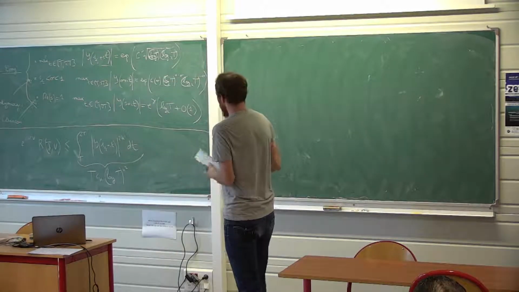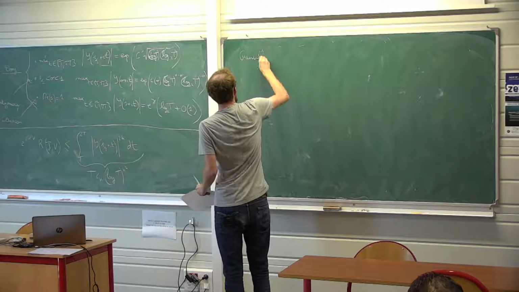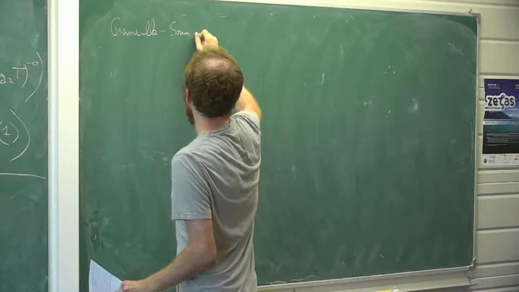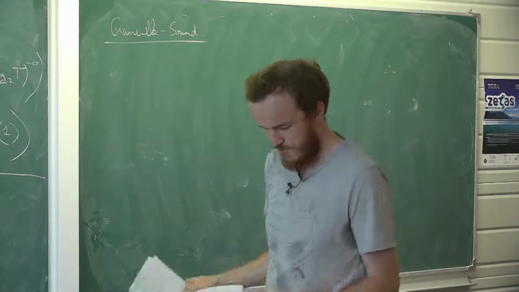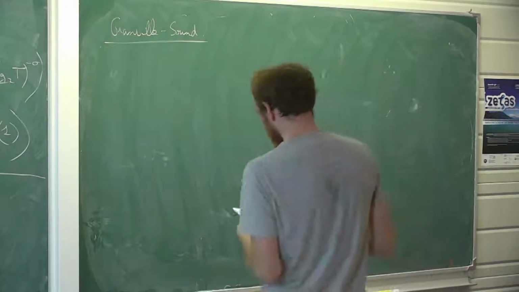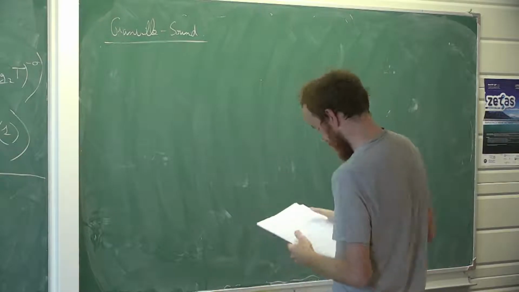So on the half line, Granville and Soundararajan, using this idea of a short Euler product, found the conjecture.